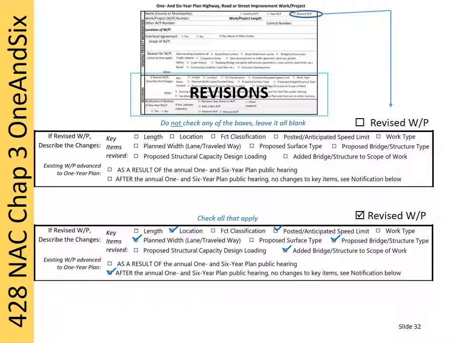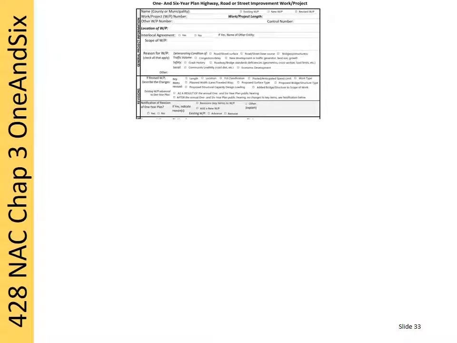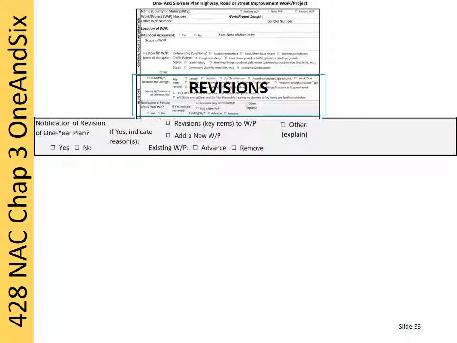Do not check anything. Rows 11, 12, and 13 of the spreadsheet have a light gray background and is where a notification of revision of one-year plan is reported. These are revisions that happen after adoption of the annual 1- and 6-year plan by an action of the governing body and before the following annual 1- and 6-year plan public hearing.